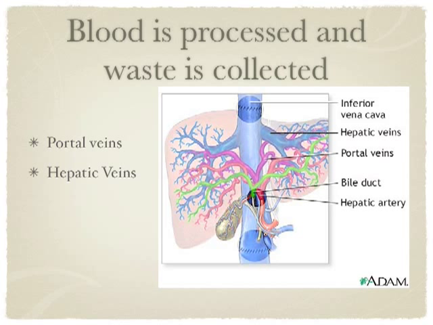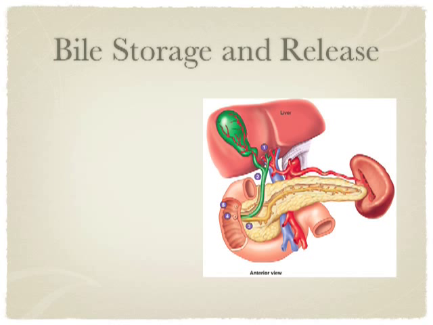The hepatic veins in blue, which are then collecting that processed blood and getting it into general circulation. The hepatic arteries that are coming ultimately from the aorta, feeding oxygenated blood into the liver. And then the green, the bile ducts, collecting the waste product and leading it out to where it can be stored. And of course that is this right here.